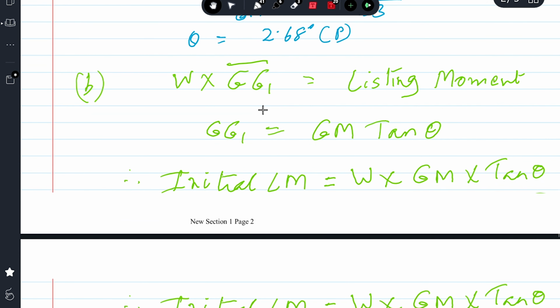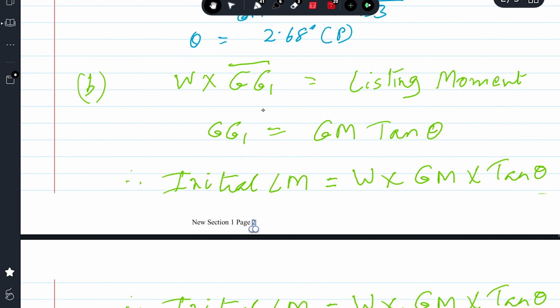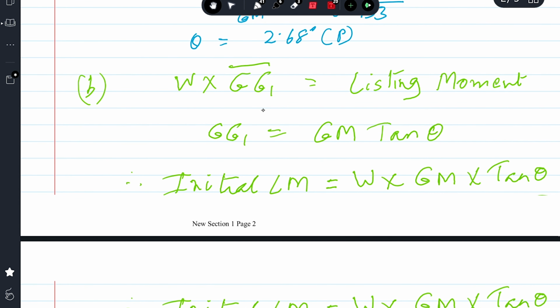Initial listing moment will be W into GM tan theta. So I put the value of GG1 from here. GG1 is GM tan theta. I insert here. It becomes W with shift displacement into GM tan theta.